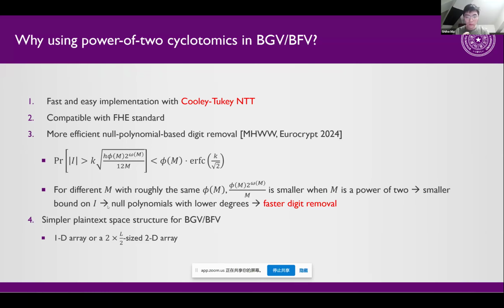And also, using one of the latest BGV/BFV bootstrapping methods from our last work at Asiacrypt 2024, when the ring dimension phi(m) is roughly fixed, choosing m to be a power of 2 will lead to a faster digit removal process, which means a faster BGV/BFV bootstrapping. And finally, when m is a power of 2, the plaintext space structure will be simpler. It can be a one-dimensional or very flat two-dimensional array.